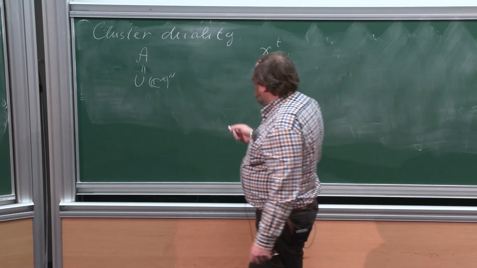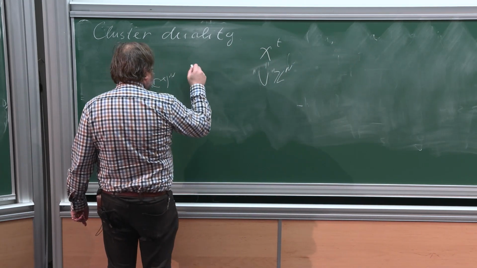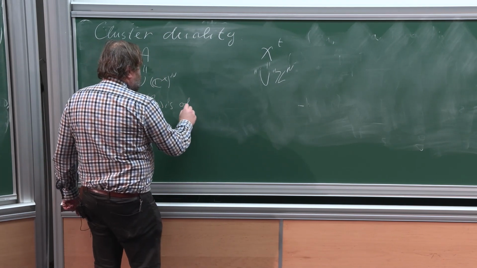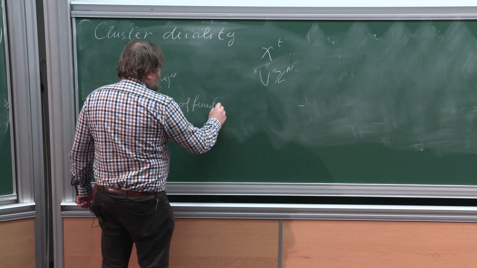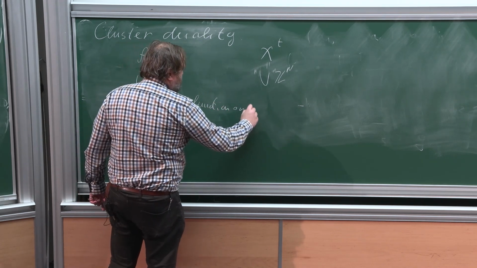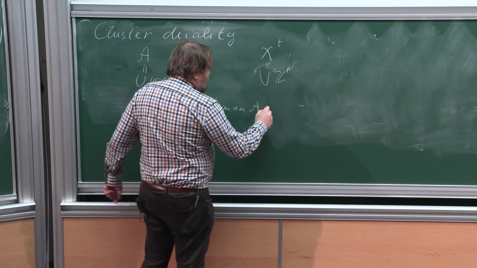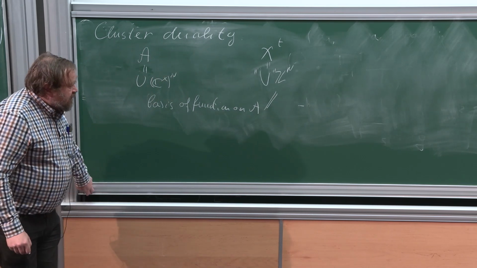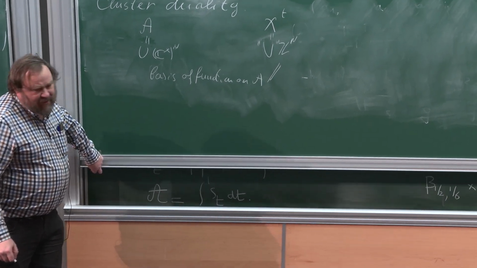And there is a claim that the basis of functions on A is equal to this space. So this is the cluster duality. It's a kind of Fourier transform.